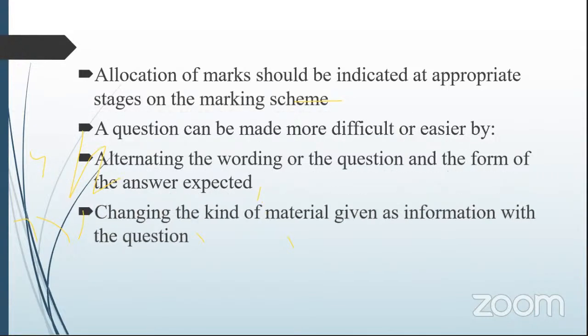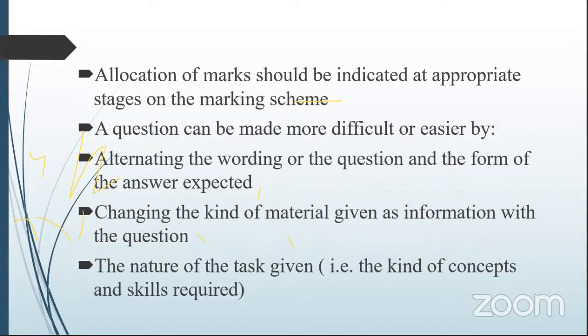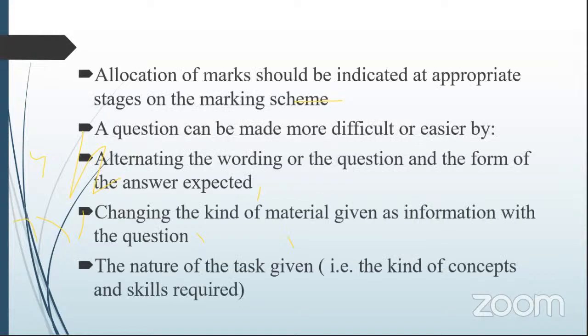Changing the kind of material given as information in the question. Also, the nature of the task given, i.e., the kind of skills required or the kind of answer that is needed there.